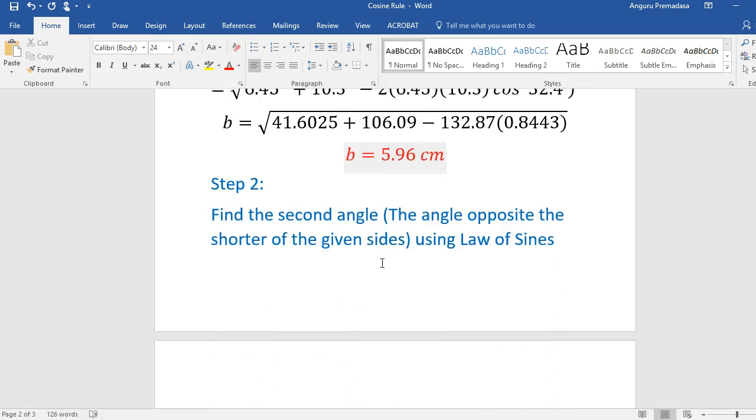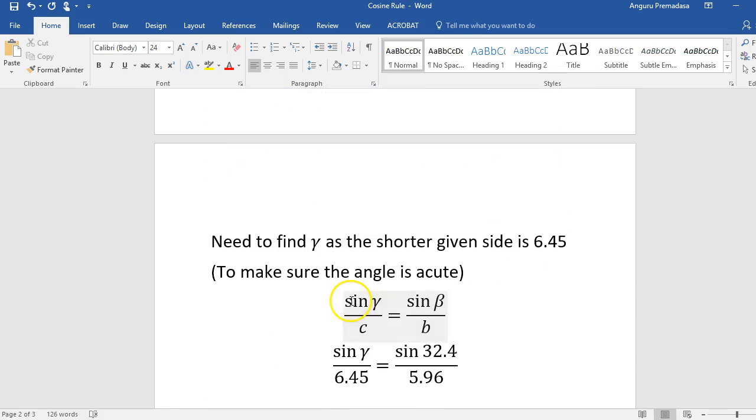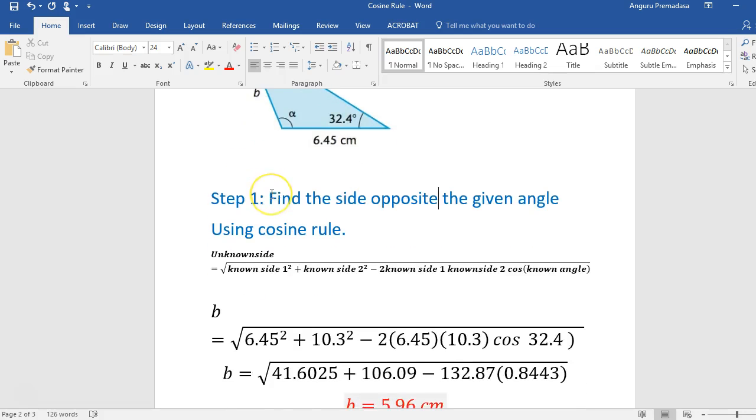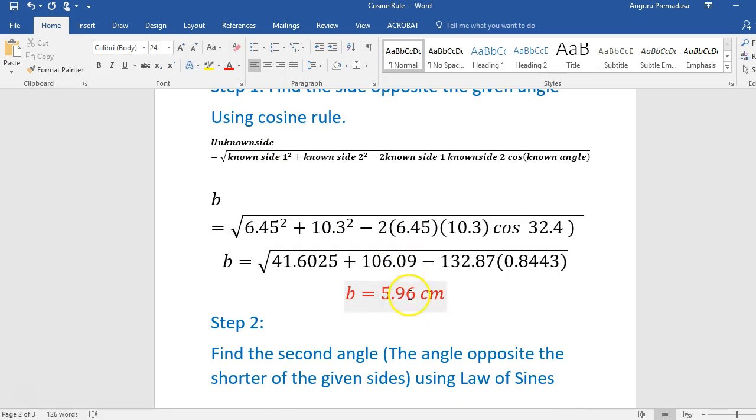So how do you do that? You'll use the law of sines. You need a law of sines ratio with gamma. So sine gamma divided by 6.45 is equal to the only other ratio we know, sine 32.4 over b, which we just found to be 5.96.